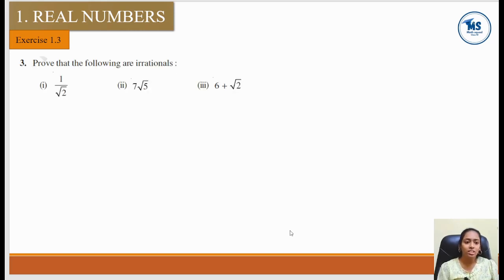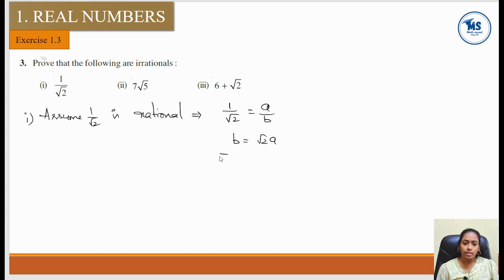Next question, prove that the following are irrationals. First question we will do, I will assume 1 by root 2 is rational. Then I can write it as 1 by root 2 is equal to a by b. Cross multiply, b is equal to root 2 a. That implies root 2 is equal to b by a, taking a to the other side.